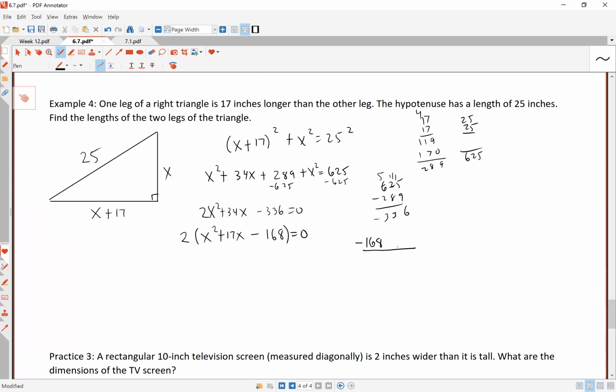Negative 168 to get 17. 4 goes into 168, 42 times. 6 goes in there 28 times. 7 goes in there 24 times.